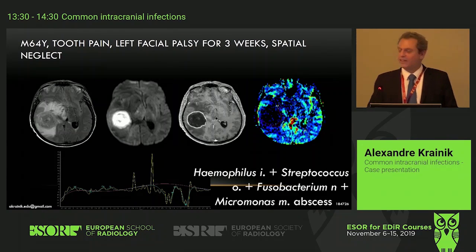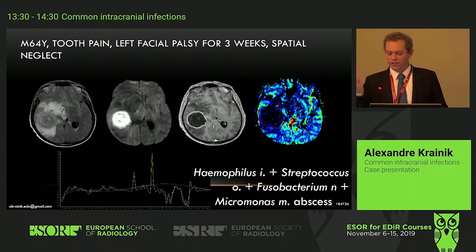That's right. Okay, and actually there were at least 4 different germs in this abscess, and it was related to a tooth problem. Okay, so remember the signal on diffusion imaging is very suggestive. Then this could look like a glioma or metastasis, but diffusion makes it less possible.